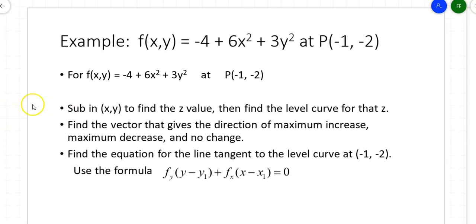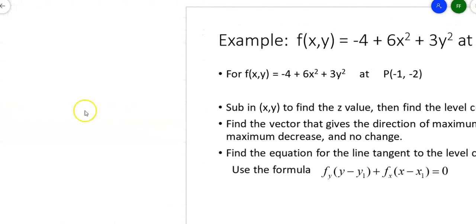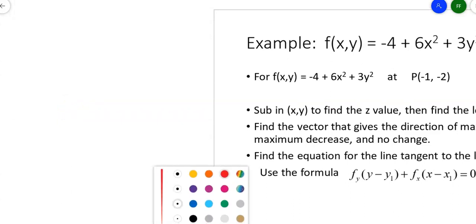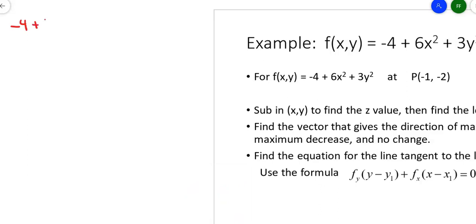So the first thing is, I want to find out what is the z value at that point. I have an x value and a y value. I don't have a z value. So if I take negative 4 plus 6 times (-1) squared plus 3 times (-2) squared, I get negative 4 plus 6 plus 12 equals 14.